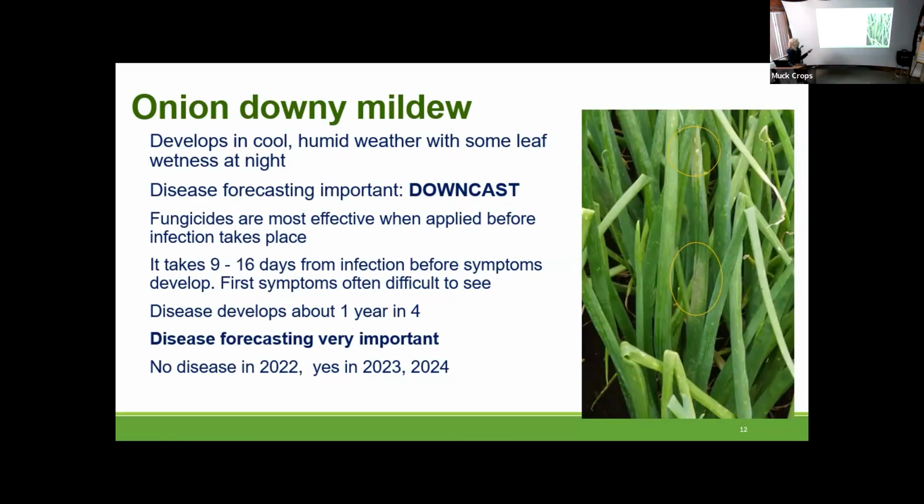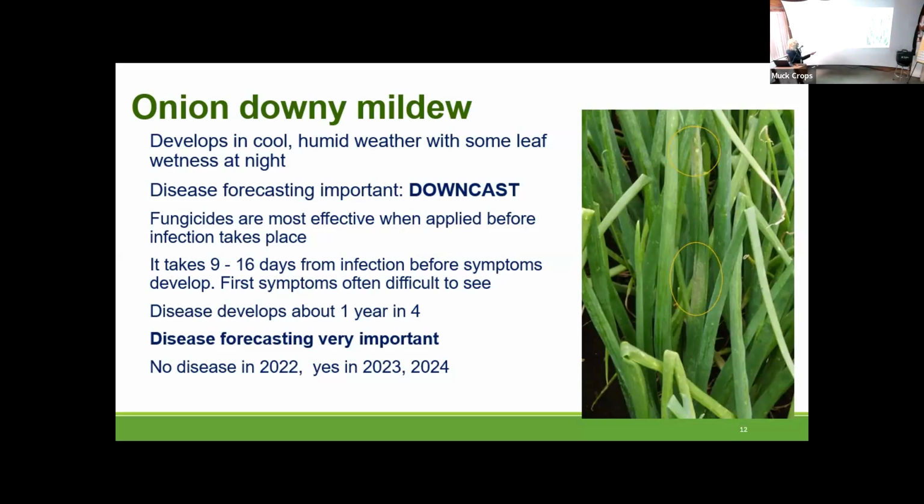And we use this DownCast program to forecast downy mildew. For all foliar diseases, they work better if we can apply the fungicide to the leaf before infection takes place, but this is even more important with downy mildew type fungicides.